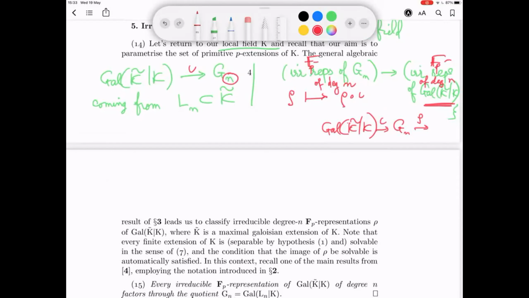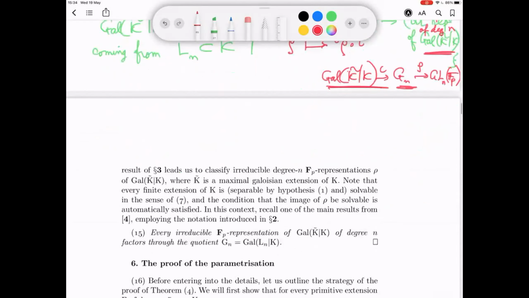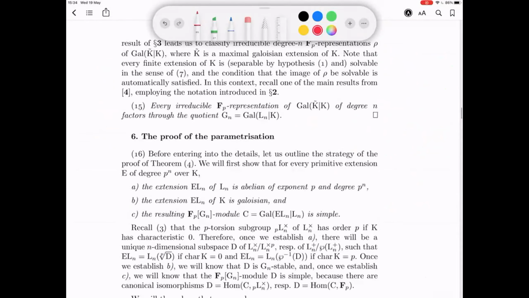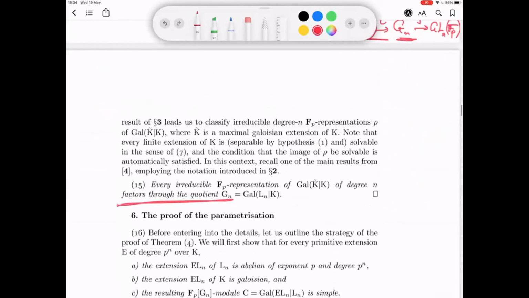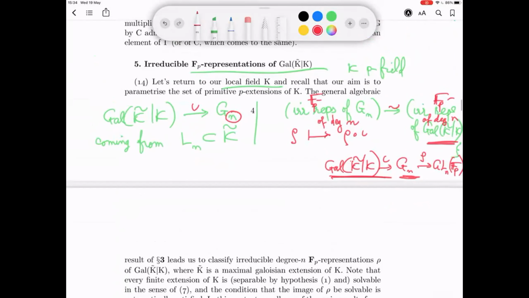And so if I'm given a rho, which is an irreducible FP representation of degree n of the group Gn, then I just compose with this iota and I'll get an irreducible FP representation of degree n of this absolute Galois group. And when I say that every representation factors through this quotient, what I mean is that this map here is actually a bijection.